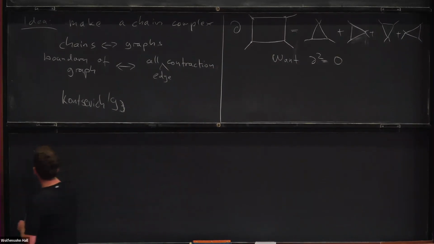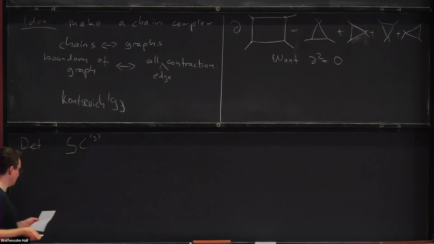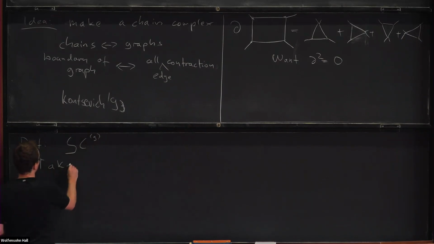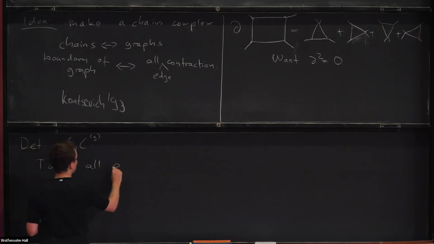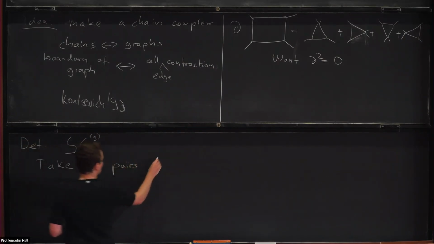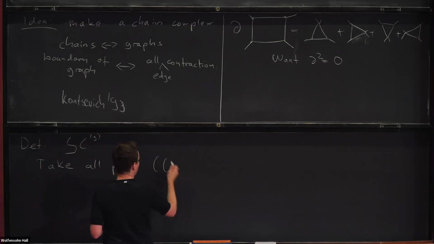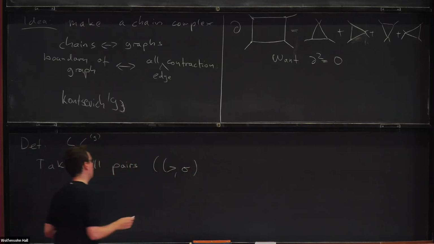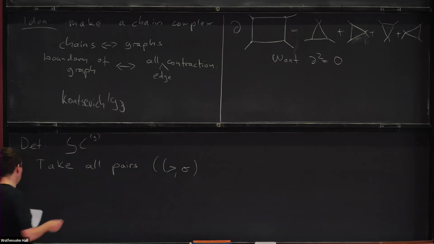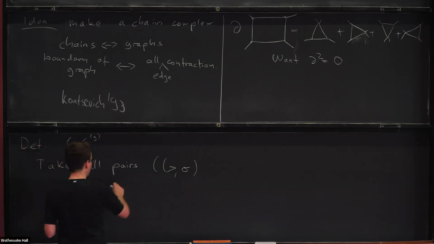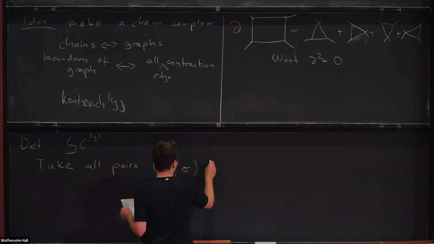So here's the definition. Definition of the graph complex, GC_g. To define it, we take all pairs of a graph, capital G, and some object sigma, and we only take these pairs up to isomorphism.